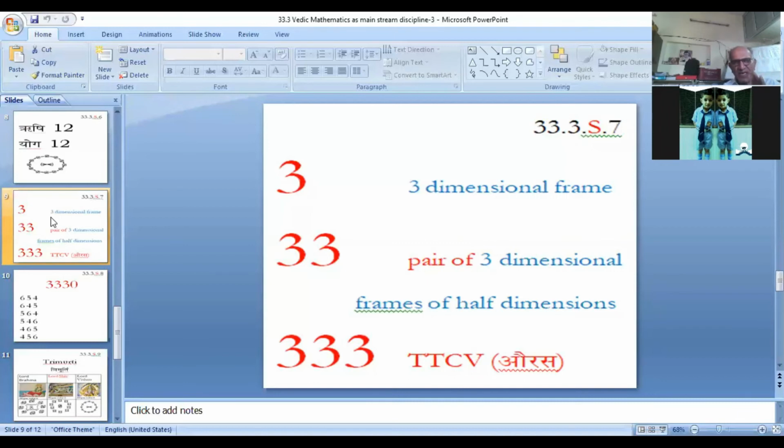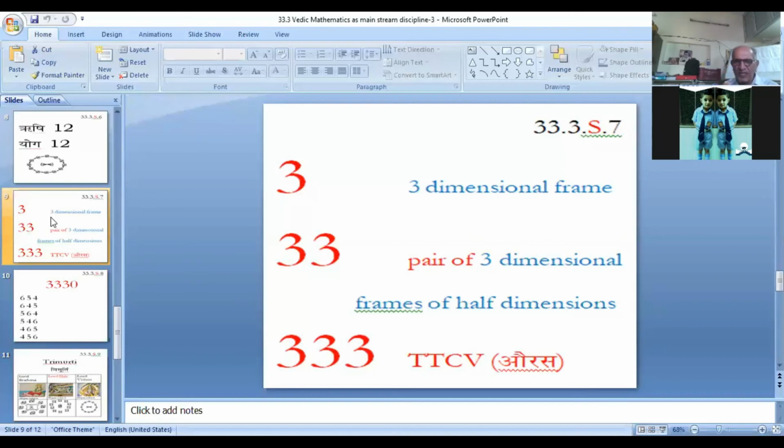It is this split of a three-dimensional frame into a pair of three-dimensional frames of half dimensions that will amount to the transcendence of the origin. The transcendence of the origin from a three-dimensional frame, and as a result thereof, the split of the three-dimensional frame as a pair of three-dimensional frames of half dimensions, will bring in a 10 place value format.